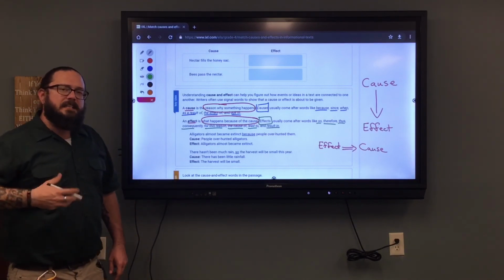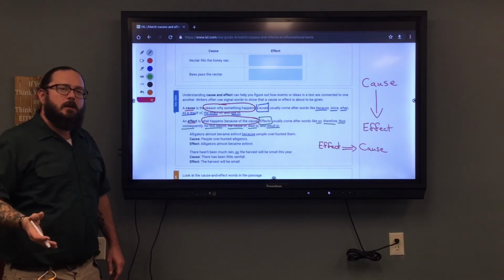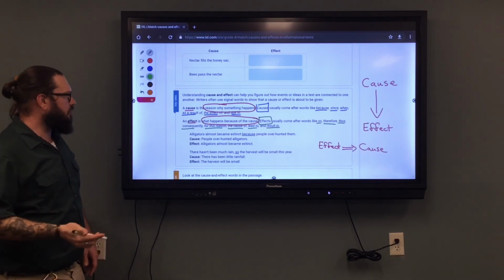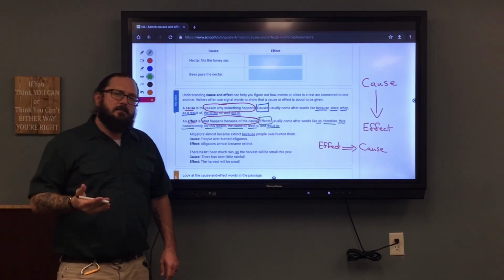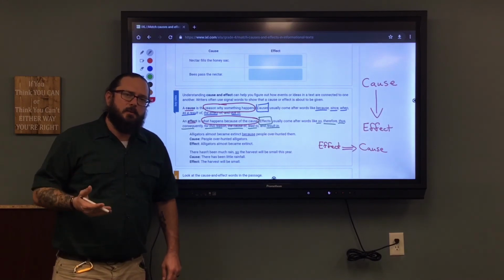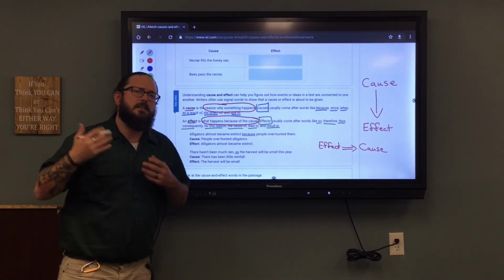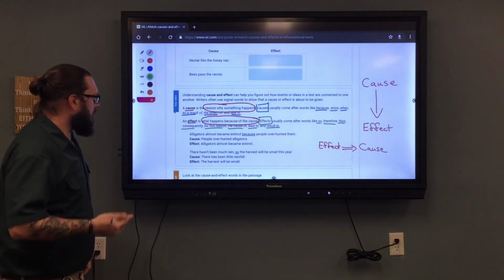So you want to pay attention to those signal words to help you identify that the author is presenting a cause and effect relationship. Let's take a look at a couple of examples to help us solidify what that cause and effect relationship looks like.